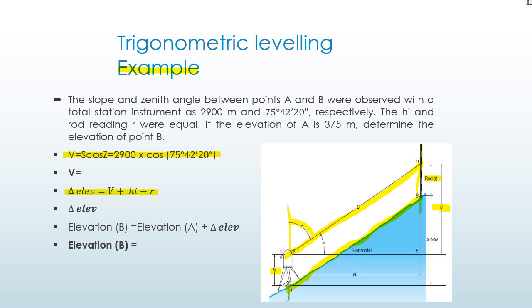In this case, they mentioned that the height of the instrument equals the rod reading. So then this part is 0.